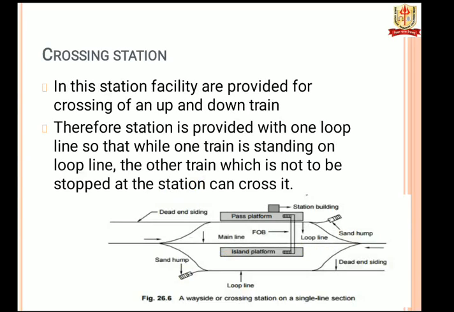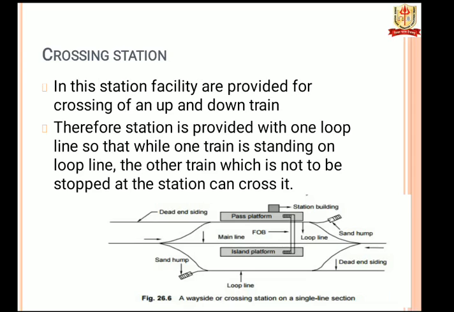Crossing station. In this station, facilities are provided for crossing of up and down trains. Therefore, the station is provided with one loop line so that while one train is standing on the loop line, the other train which is not to be stopped at the station can cross it.